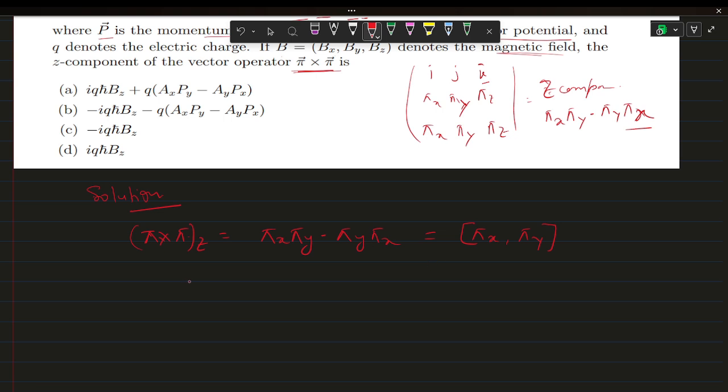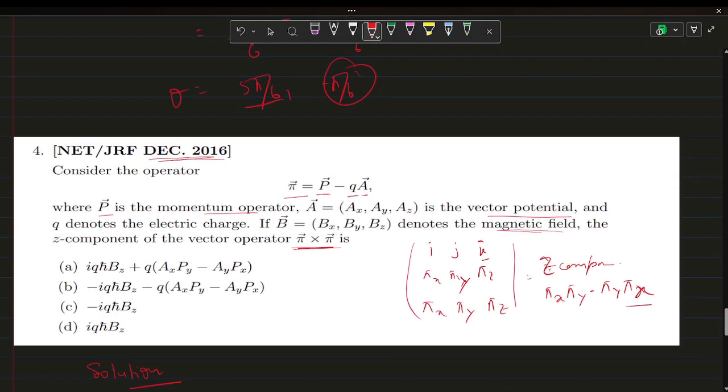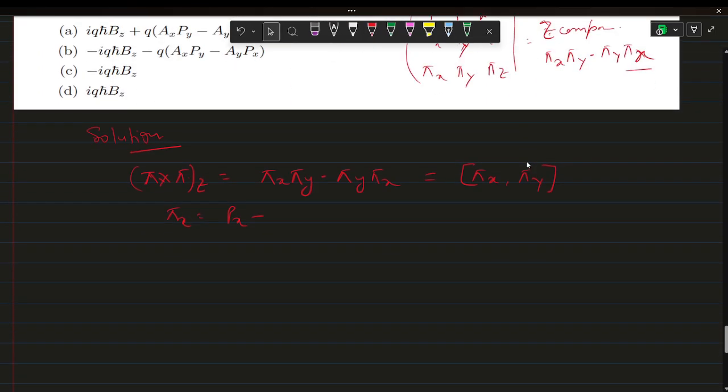Okay. Now, what is pi x? Pi x is equal to px minus qax, from here, the x component of pi. And pi y will be py minus qay. So we can write px minus qax, and this pi y will be py minus qay. Now solve it.